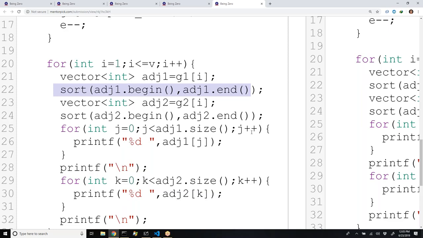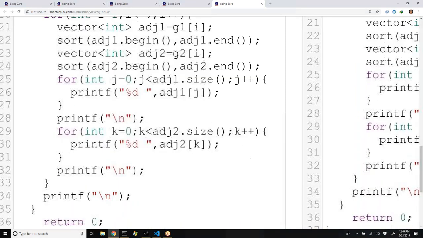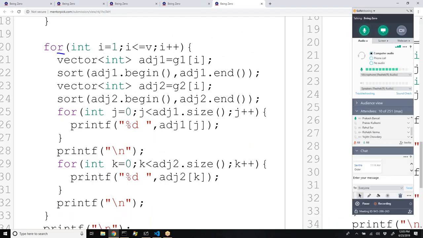So once you have built this in degree out degree graph, then it is just the size of every list, right? Now, ideally, if I see your approach, you should just be printing size of every vertex out degree and every vertex in degree. So size of the list you need to print. That's it.